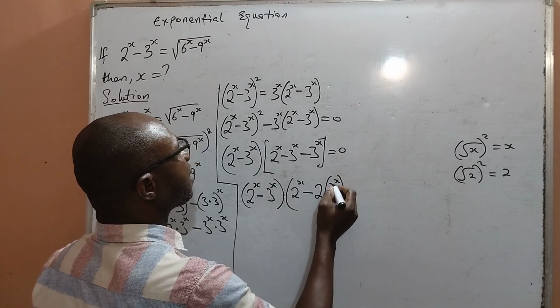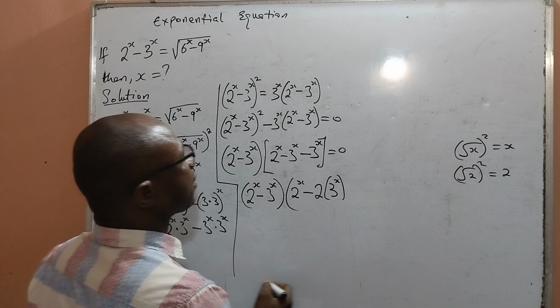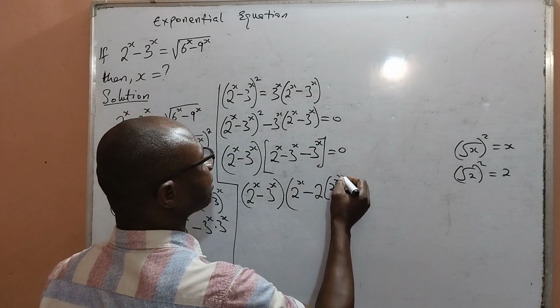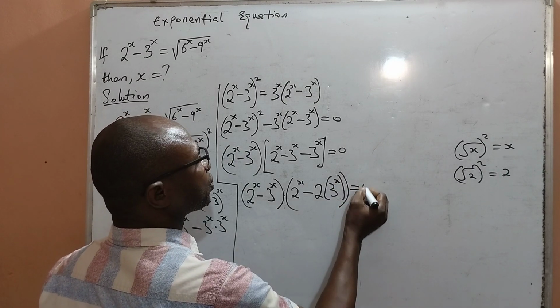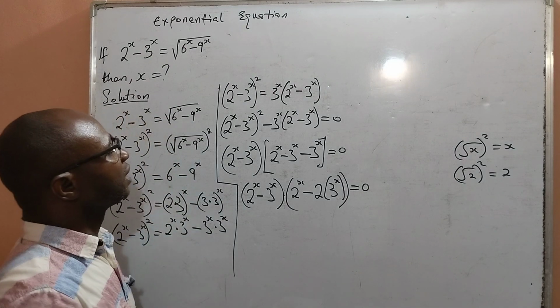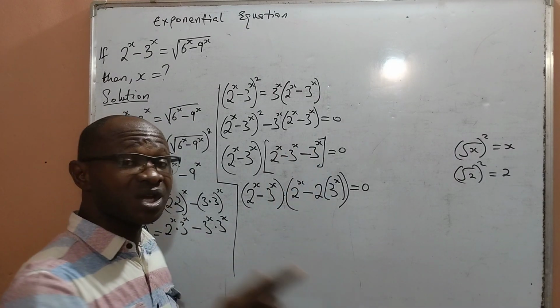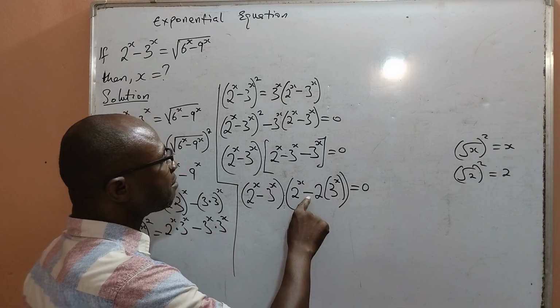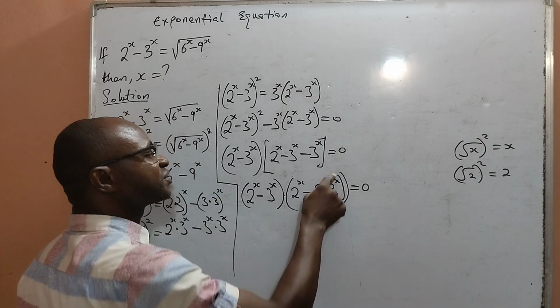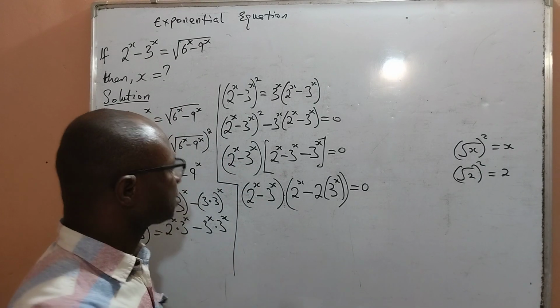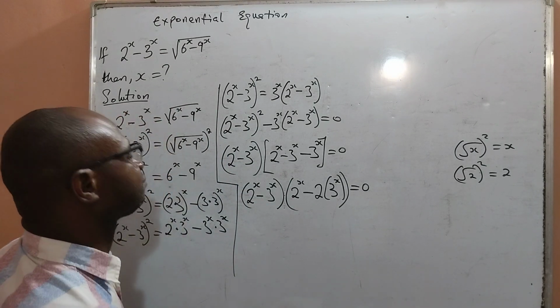Everything now is equal to 0. Minus 3 raised to power x minus 3 raised to power x is going to give me minus 2 into 3 raised to power x. It is very correct.